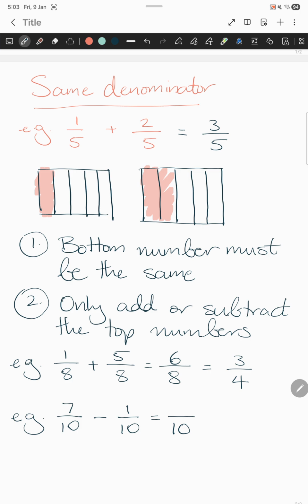Then the top numbers, we will subtract them this time because this is a subtraction question. So 7 minus 1 is 6. Now again, this one can be simplified even further. Divide them both by 2, and we'll end up with 3/5. All right, and that's how we add or subtract fractions if they have the same denominator.